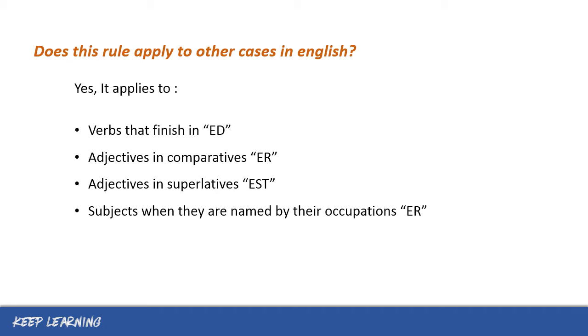And the subjects when they're named by their occupations also. So basically with every suffix that you find, you're going to have to do this. Double the last letter when you're going to add a suffix, if you don't want the pronunciation of the word to change.